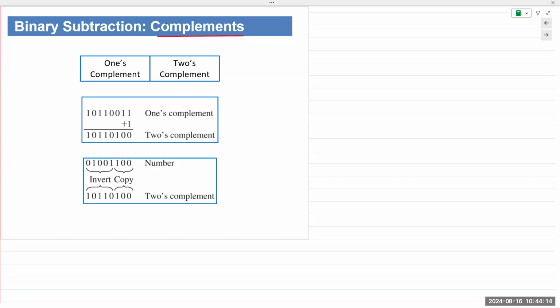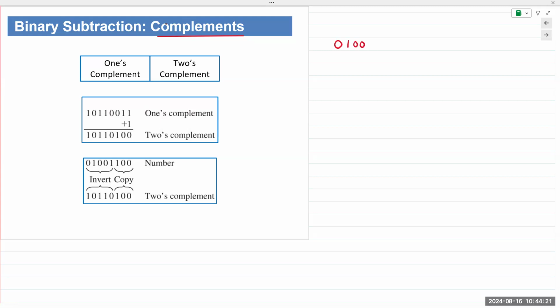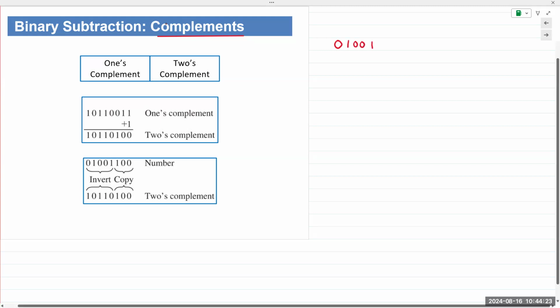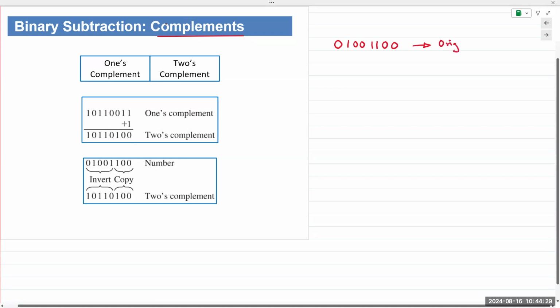You have a number, let's say 0, 1, 0, 0 and 1, 1, 0, 0. This is the original number. And then a complement would simply be inverting all the bits, all the digits.